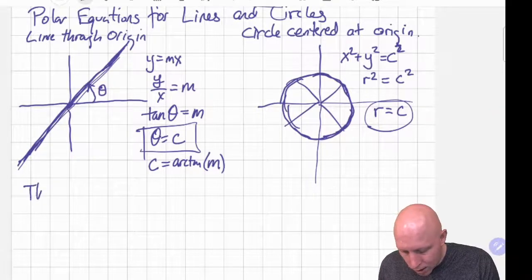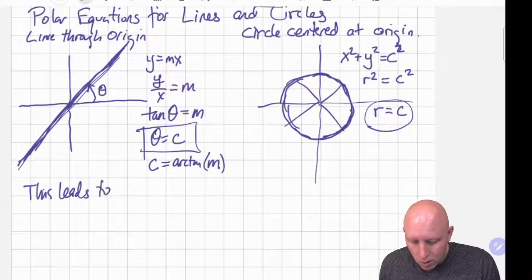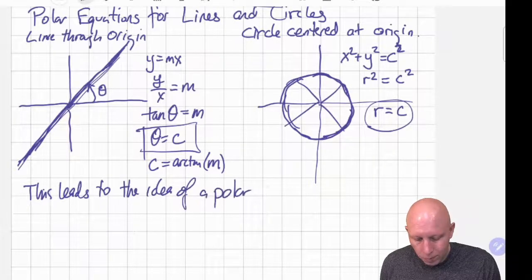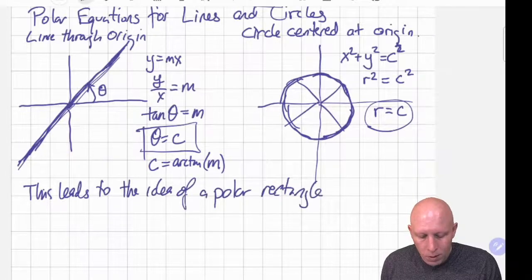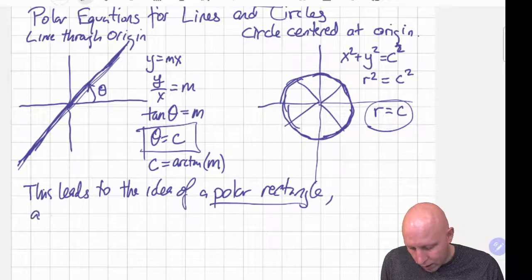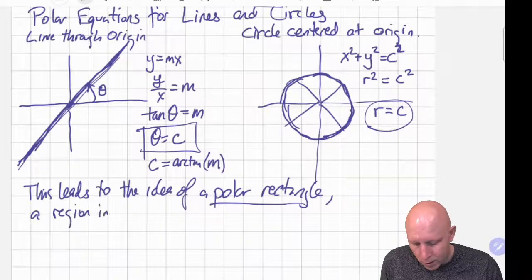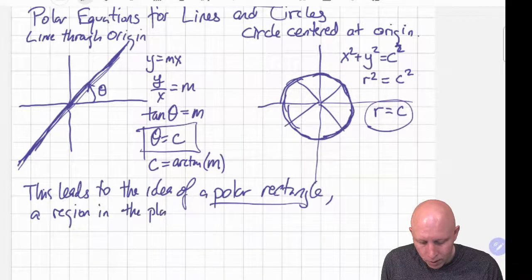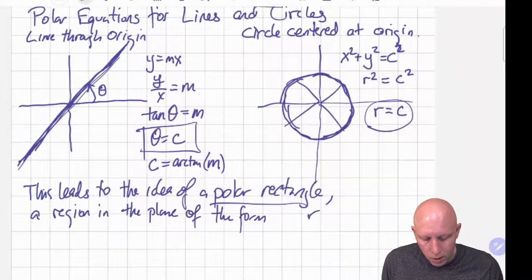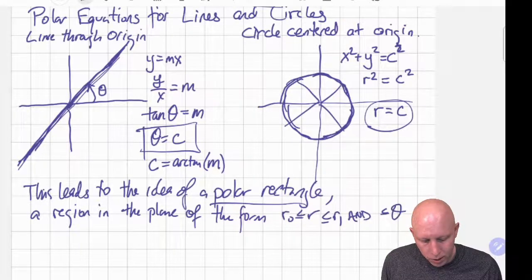So this leads to the idea of a polar rectangle, which is a region in the plane of the form r is between r0 and r1, and theta is between theta naught and theta 1.